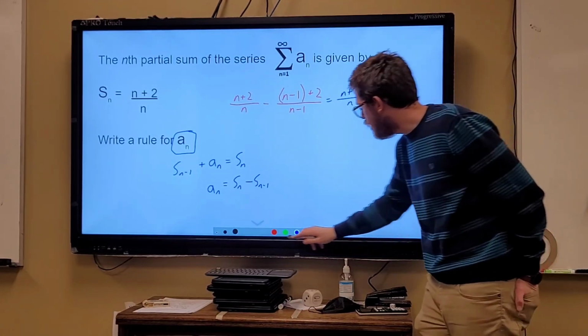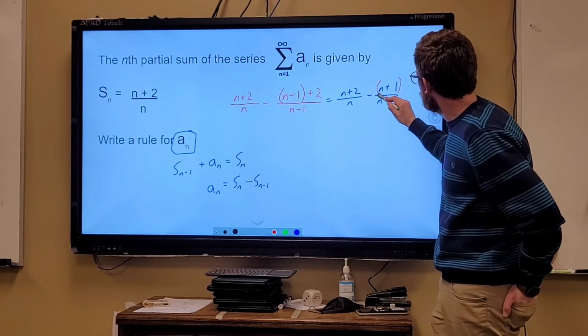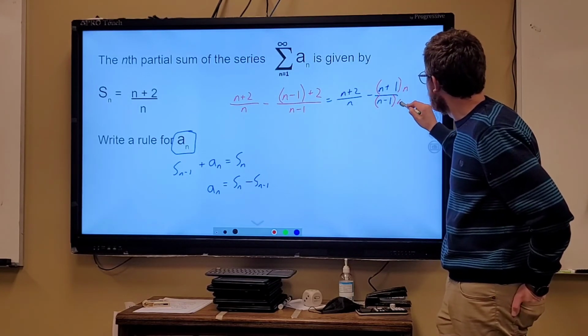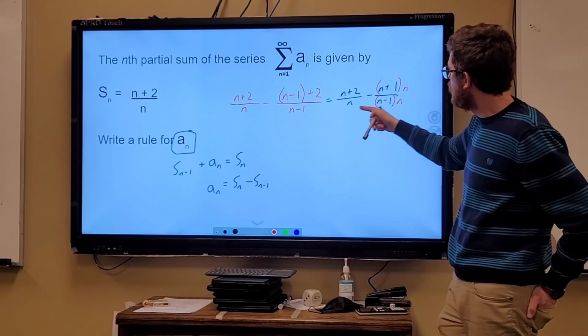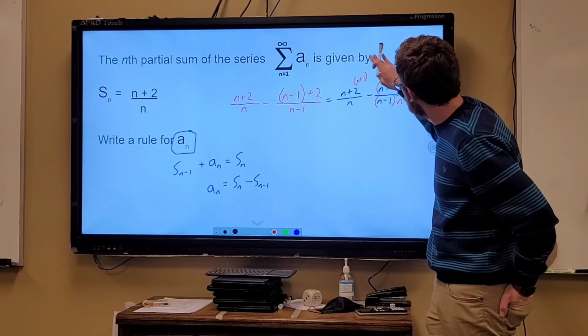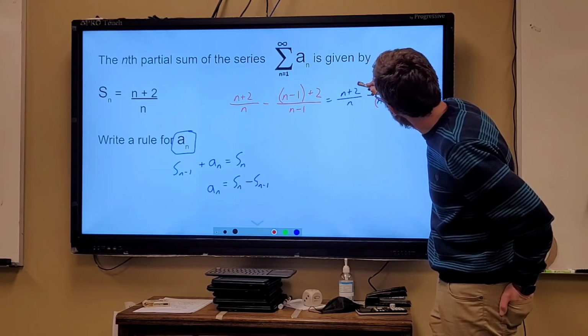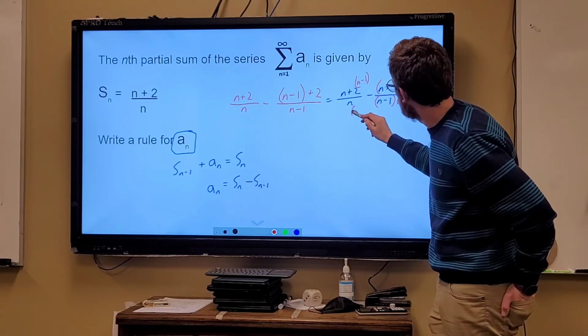We've got to get common denominators, and then we can combine everything. So this one over here needs to multiply by n on the top and the bottom. This one over here needs to multiply by n plus 1. No, n minus 1, on the top and the bottom.